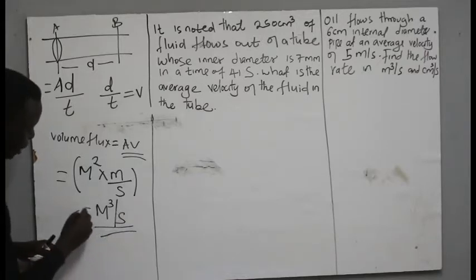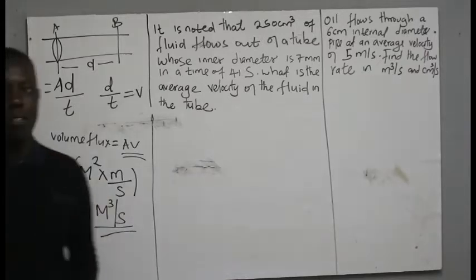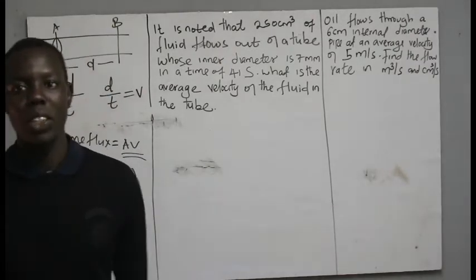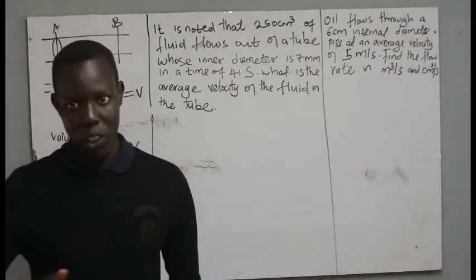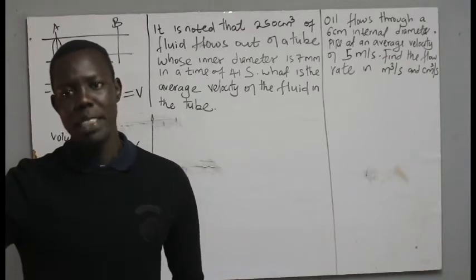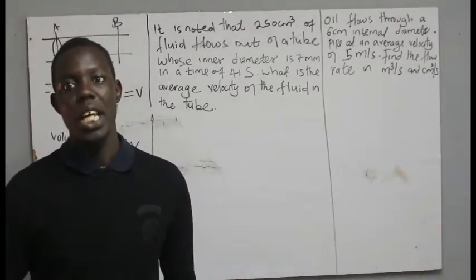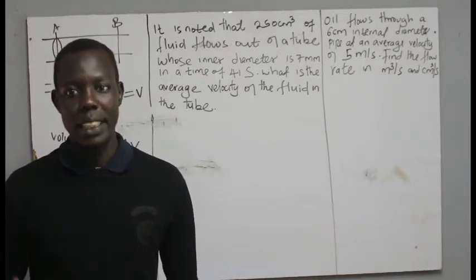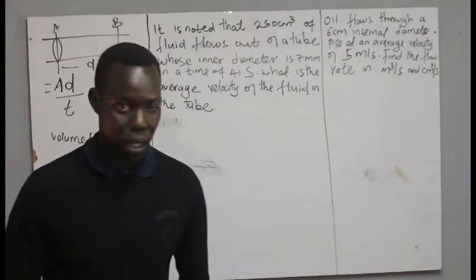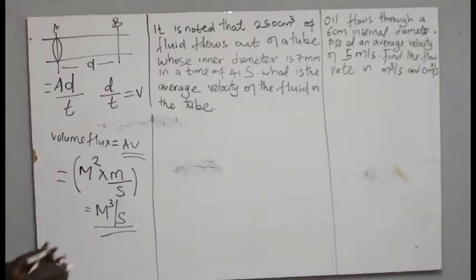These are the units for volume flux. So whatever you calculate, if this is volume flux, please give it in meters cubic per second. In some ways, you're also allowed to give it in centimeters cubic per second. So this is the volume flux, meters cubic per second.